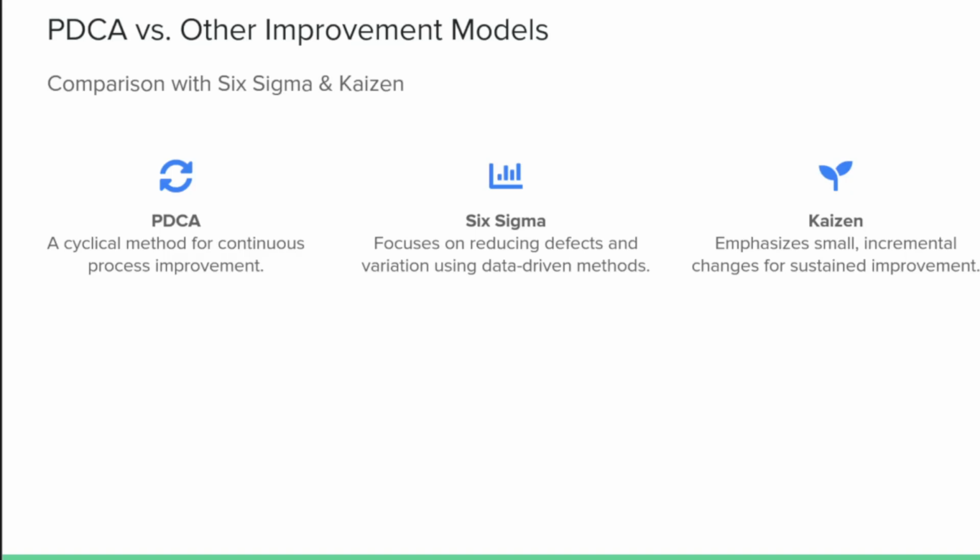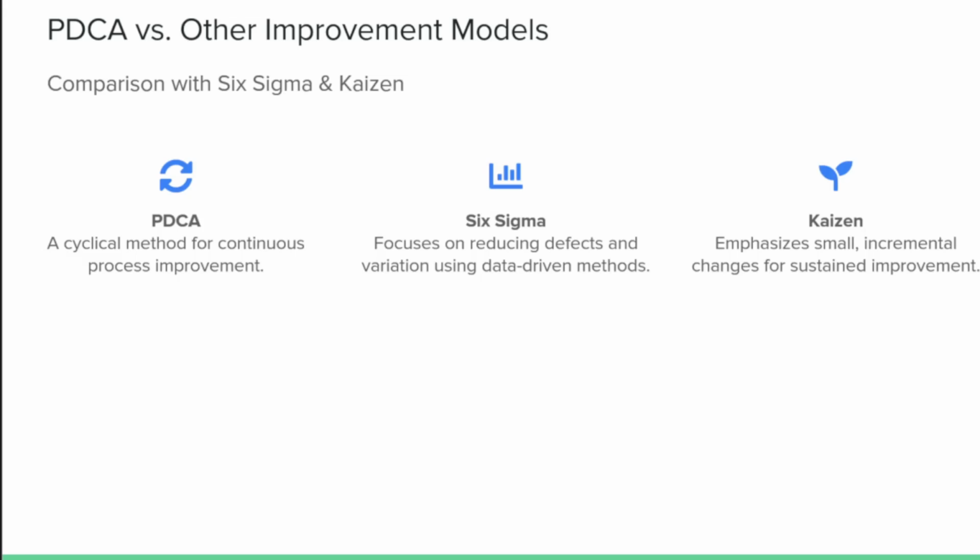Now, PDCA is many of the times compared with other improvement models. PDCA is a flexible, cyclical approach, ideal for iterative processes. It is widely used in industries due to its adaptability. Six Sigma, on the other hand, is a highly data-driven methodology that aims to minimize defects and variability, making it particularly useful for manufacturing and quality control.